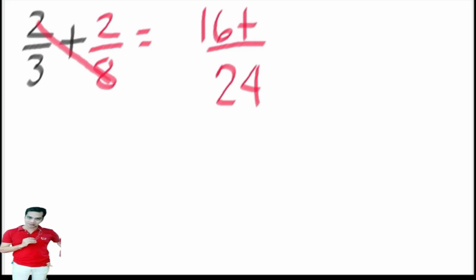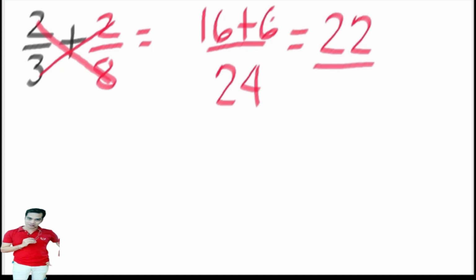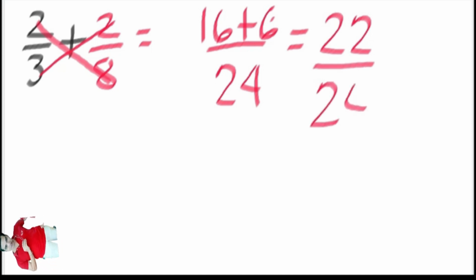Plus 2 times 3, the answer is 6. Then we add numerators, 16 plus 6. The answer is 22 over 24. Do you think, learners, that 22 over 24 is the final answer?